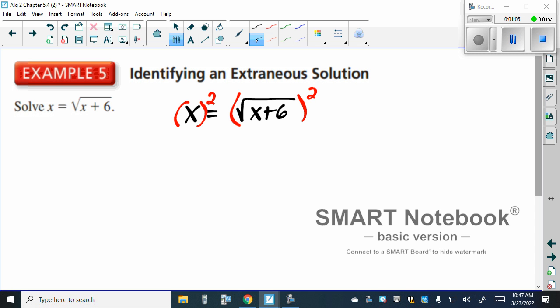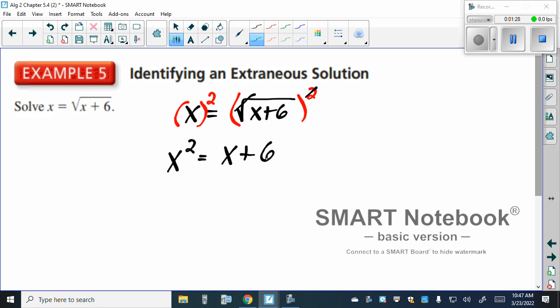On the left-hand side, we have x squared. On the right-hand side, we have the square root of x plus 6 squared. The square root and square will cancel, leaving us with x plus 6.